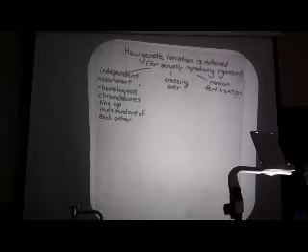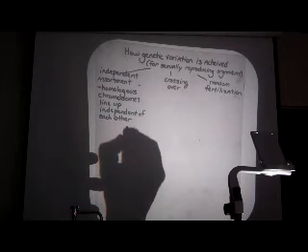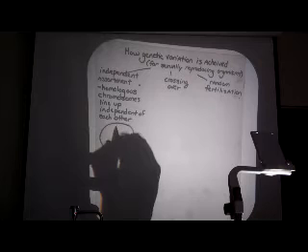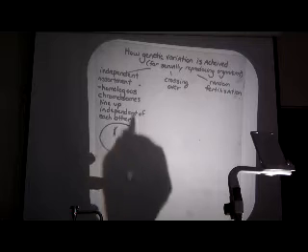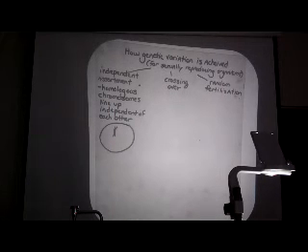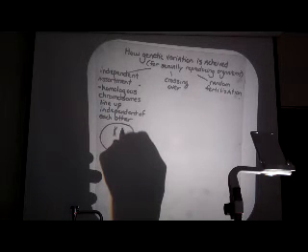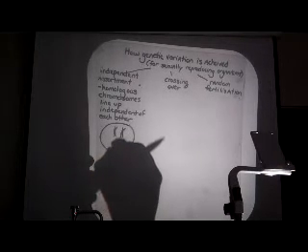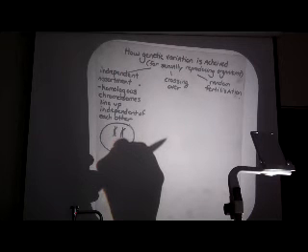Let's say I have a cell that only has 4 chromosomes. I'm going to simplify it so it may not be perfect, but I have a cell that has 4 chromosomes. I'm going to make the homologous chromosomes different colors.